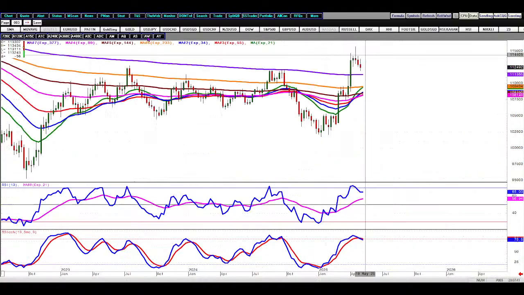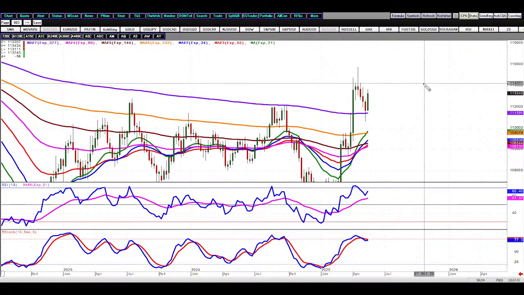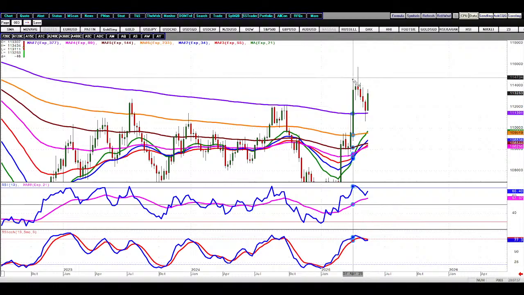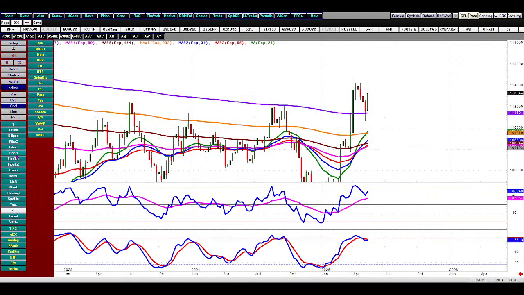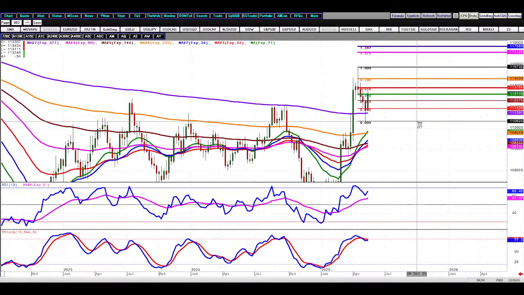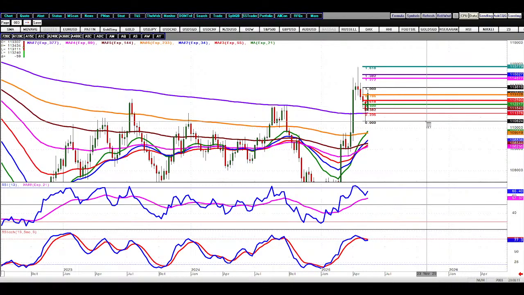And since this is trading above the weekly high, we can get the levels from the weekly. So the potential turning point would be 11420, 11470, or even slightly higher towards 115.